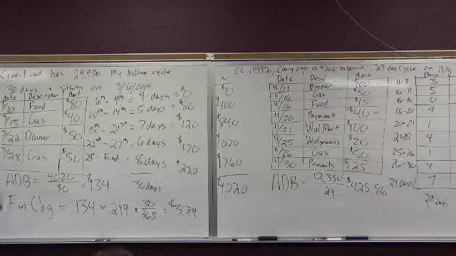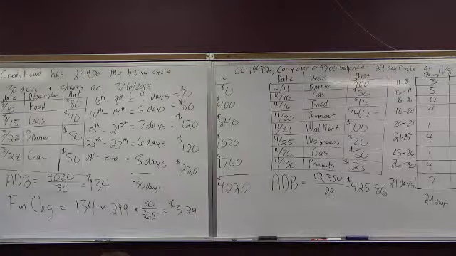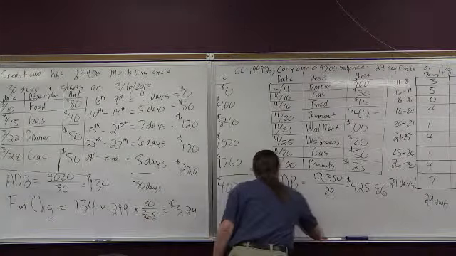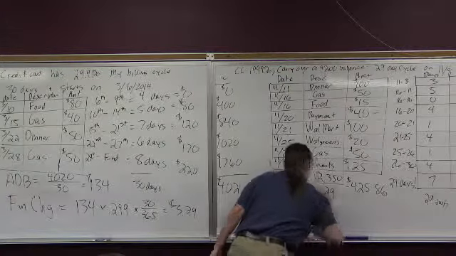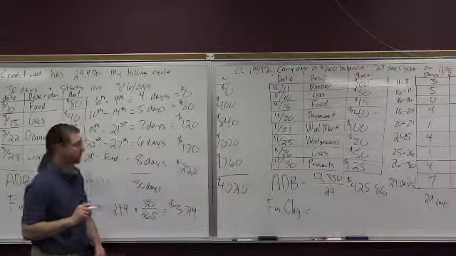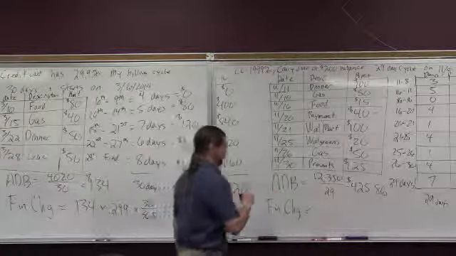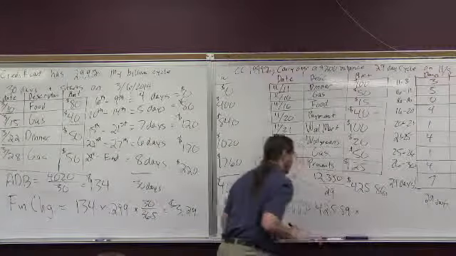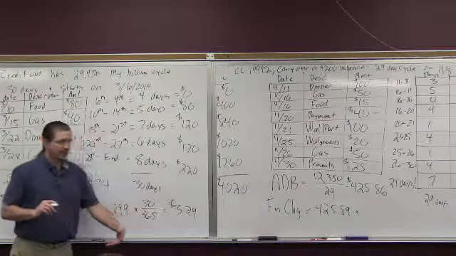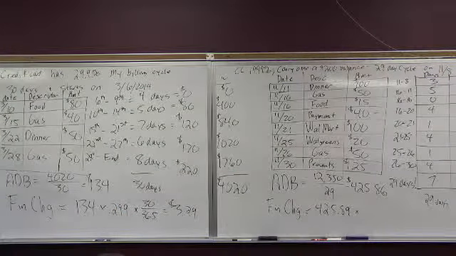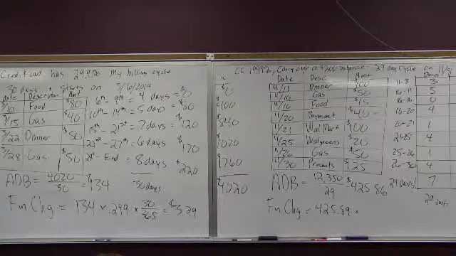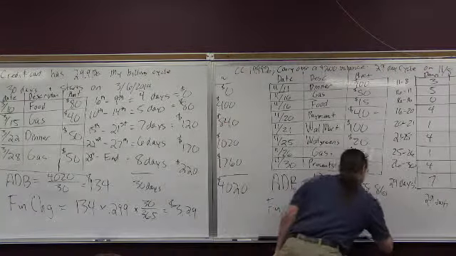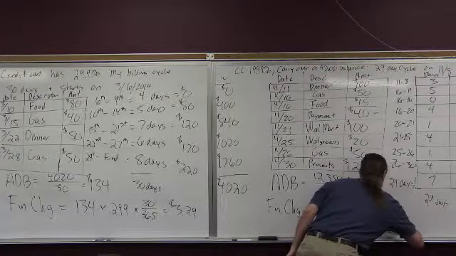And what would be my interest charge for this month if I didn't pay my balance in full? So again, that's why you calculate the ADB, to use in P times R times T. Rate. Please remember to make that a decimal correctly.